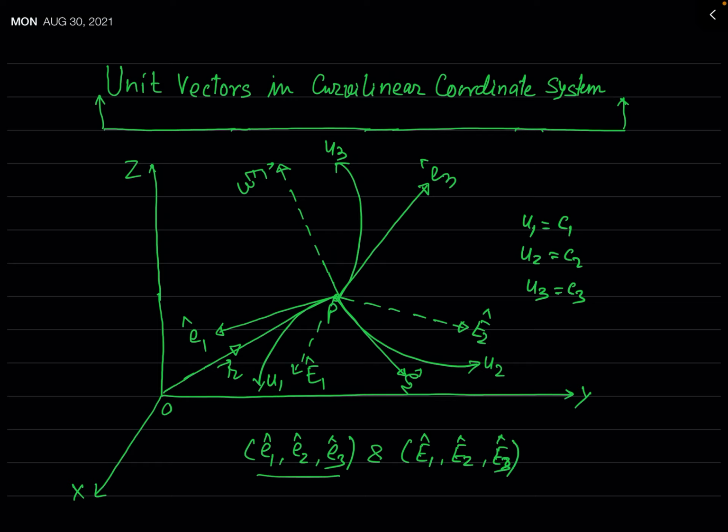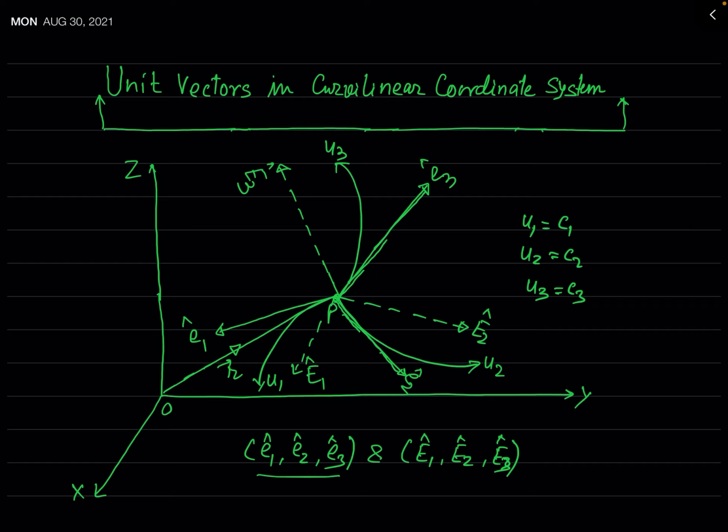You can see this unit vector e1 is tangential to the curve U1 at the point P, and similarly the unit vector small e2 is tangential to the curve U2, and the unit vector e3 is tangential to the curve U3.